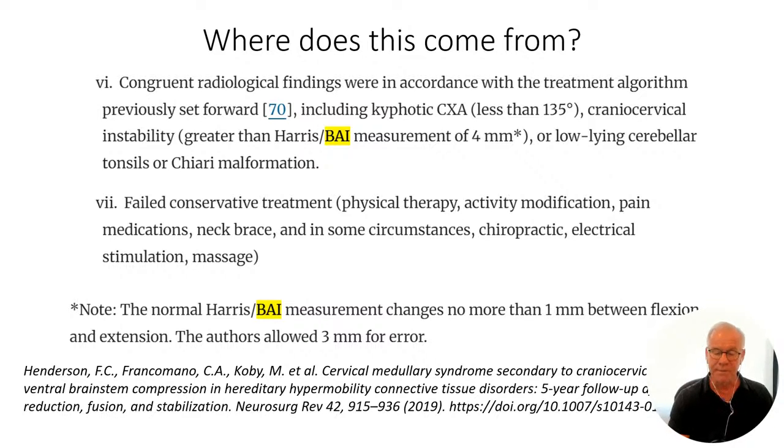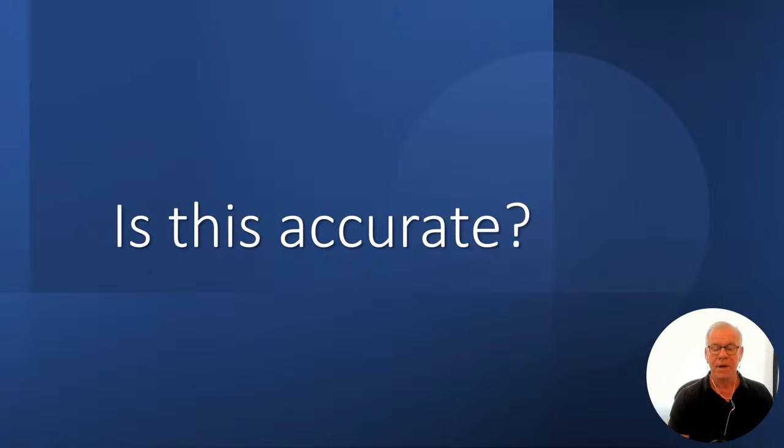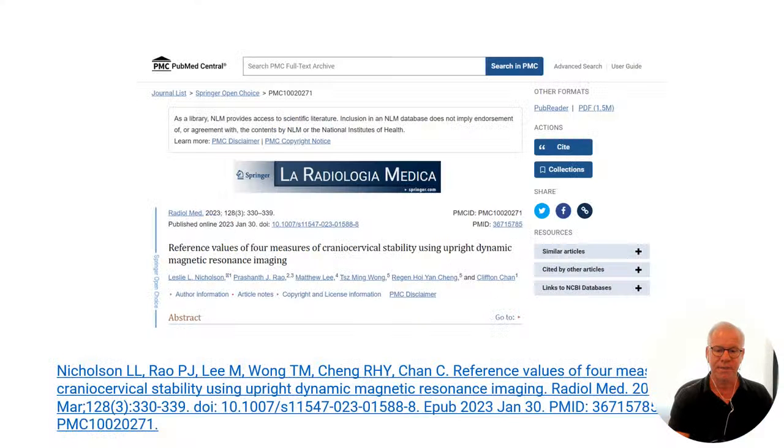So it all seems pretty reasonable. But is this accurate? Let's test that, because we want to test all of these measurements, because obviously, if we falsely identify someone with one of these measurements as having CCI who doesn't really have CCI, then we've got a problem on our hands.